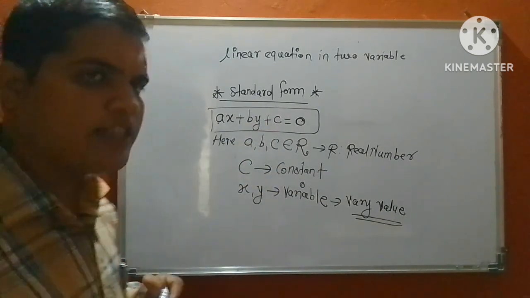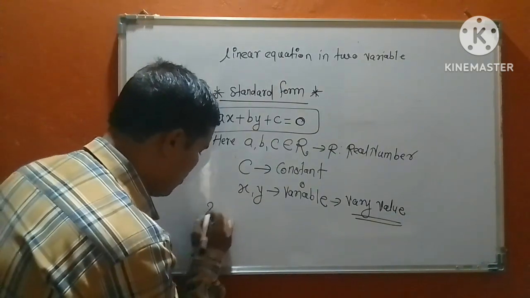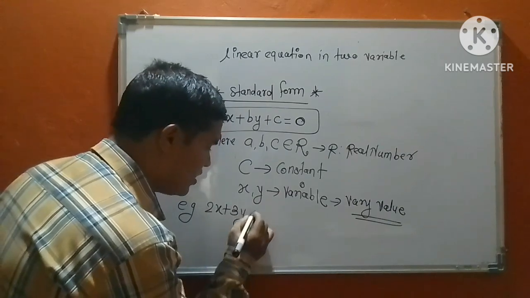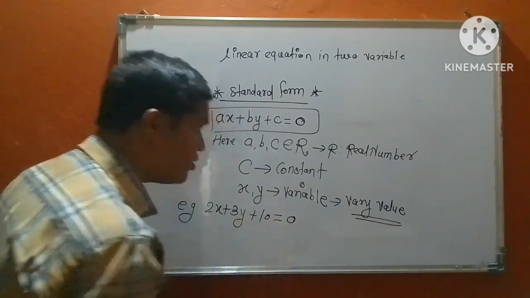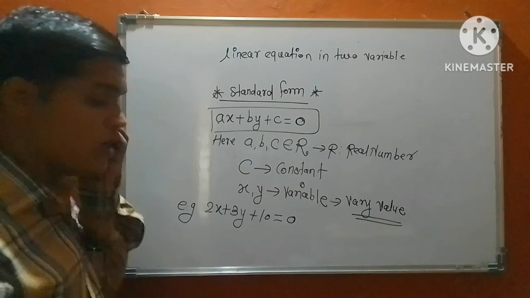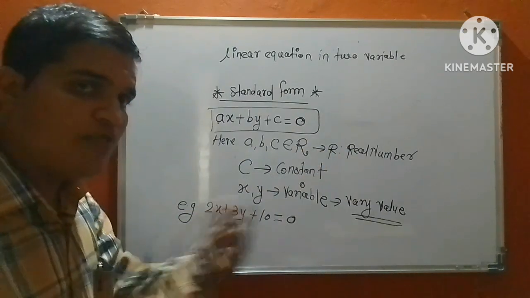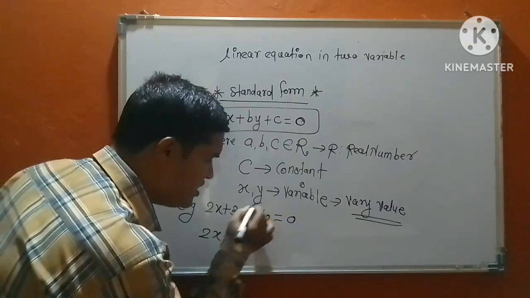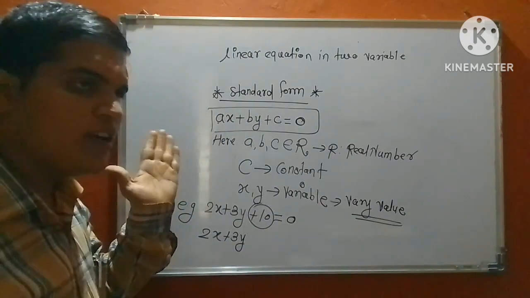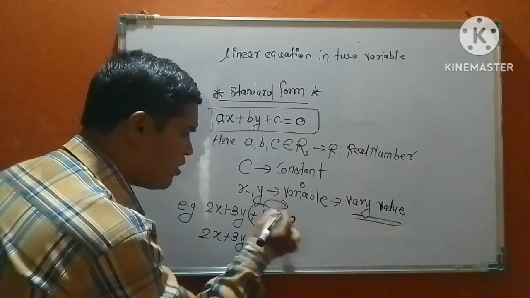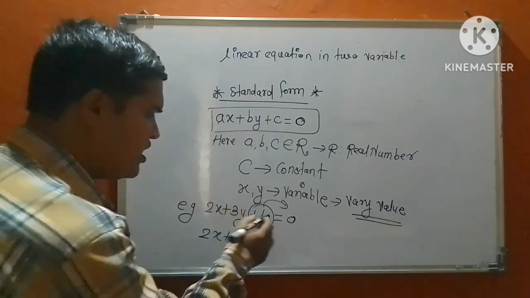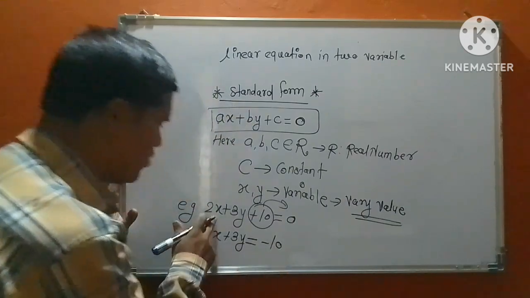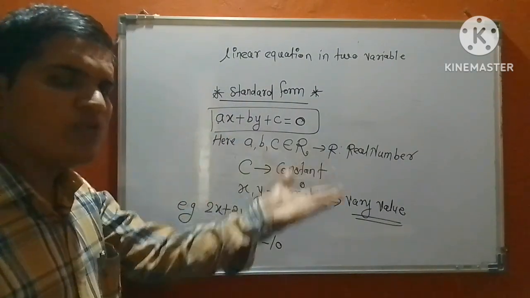So which is the basic form? For example, 2x plus 3y plus 10 is equal to 0 is the standard form of linear equation. So this equation can be converted into simplified form. So 2x plus 3y plus 10 is equal to 0.